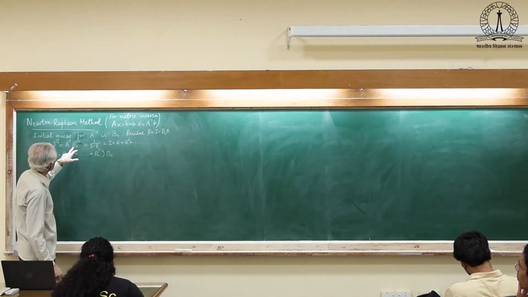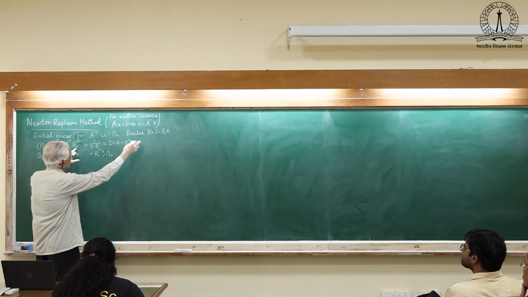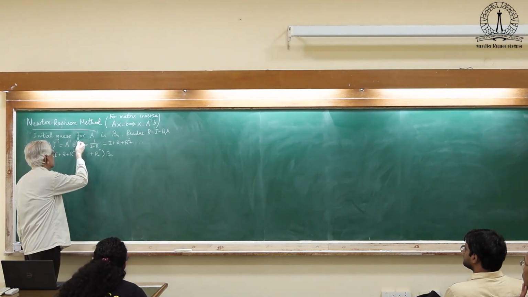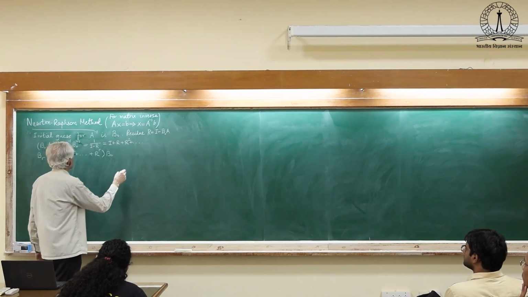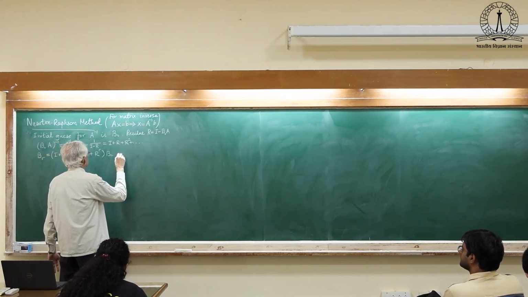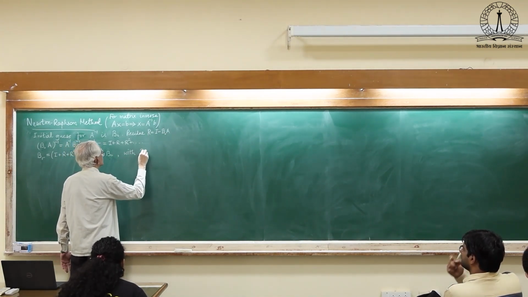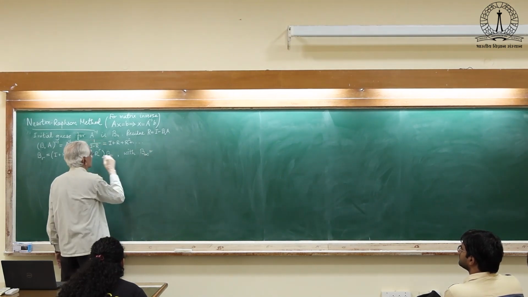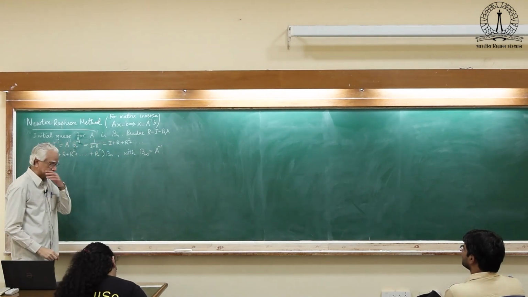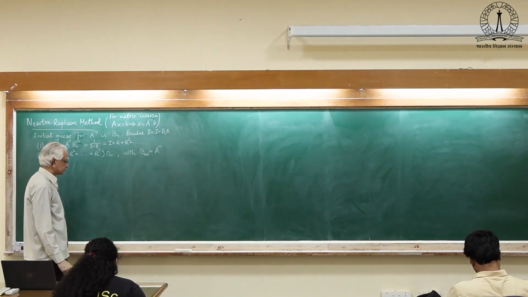The extra B0 I can just obtain by taking this B0 inverse and shifting it onto the other side of the equation, multiplied by B0 from the right hand side. And this means that if I take the full series, I will get A inverse. That's just this result.